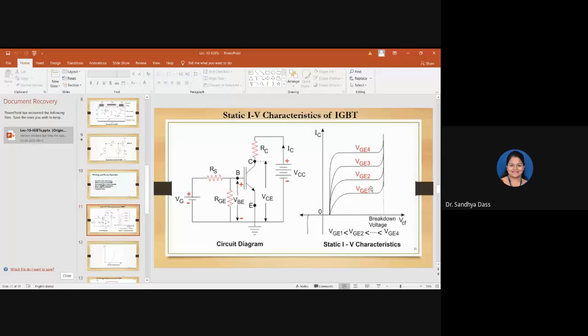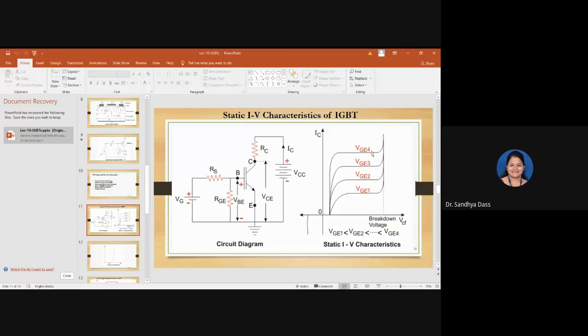In BJT, the output characteristics would be, you're plotting collector current versus VCE, keeping base current IB constant. Whereas in IGBT, since the input parameter controlling the device is the voltage at the gate terminal, the parameter kept constant is VGE, all right?